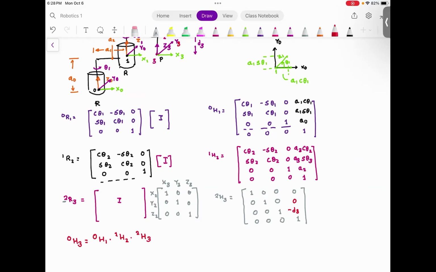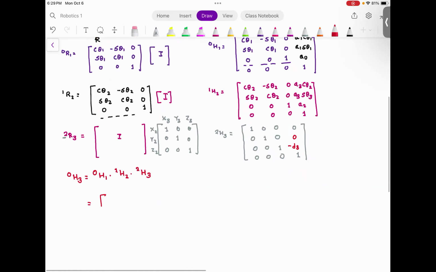But sometimes the inverse kinematics problem may be ill-conditioned. I will tell you what it is. So you will find out 0H3. 0H3 will give you the rotation transformation. So it will give you something like this. It will give you 0R3. And then it will give you px, py, pz. What is 0R3?